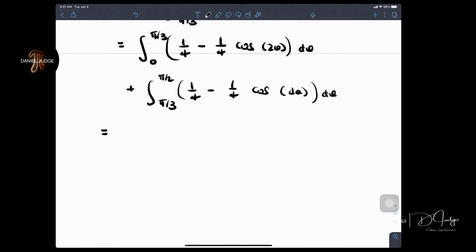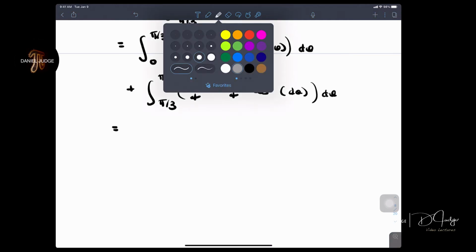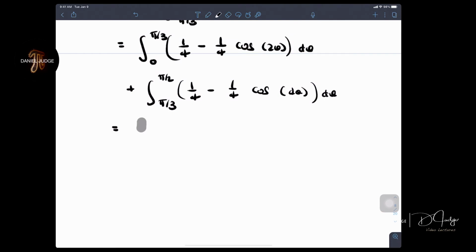So let's do our integration. Now, if you want to change the colors here on this, you don't have to.